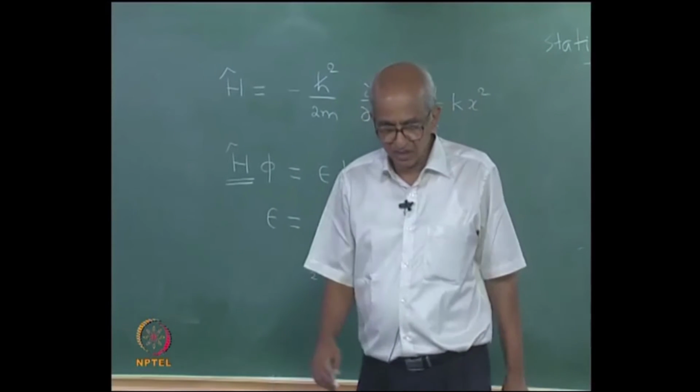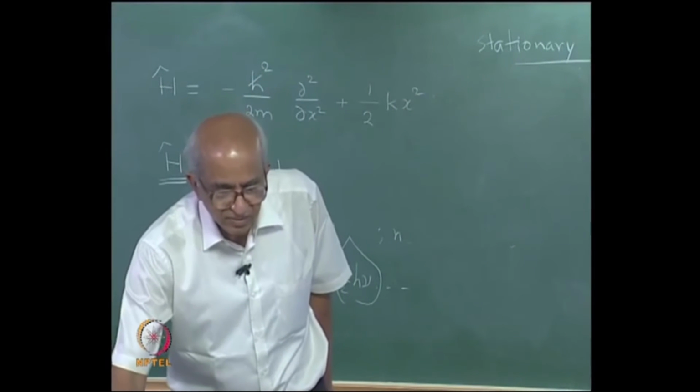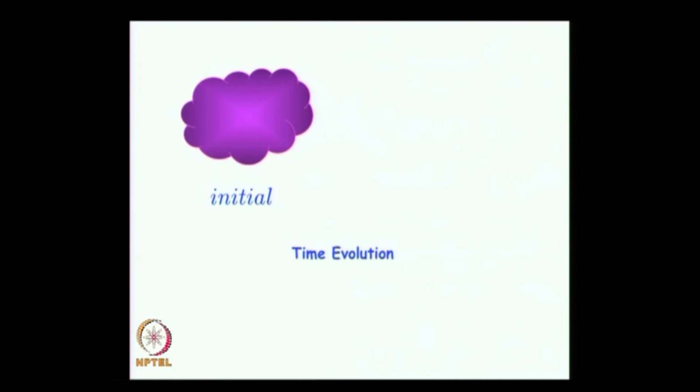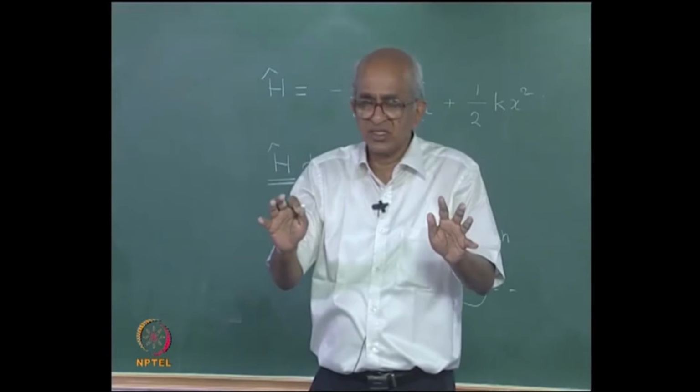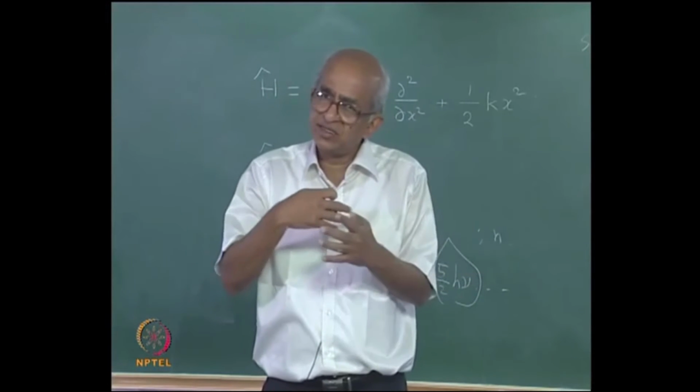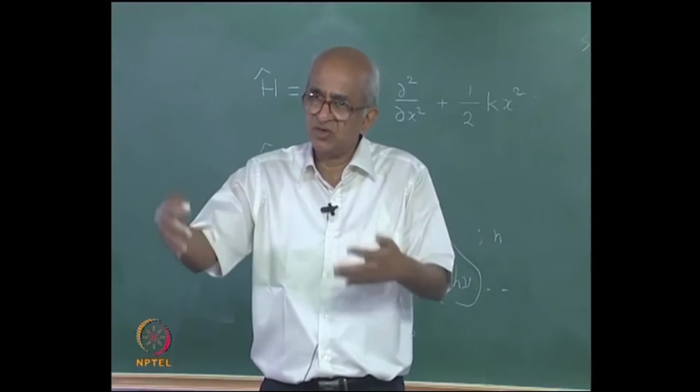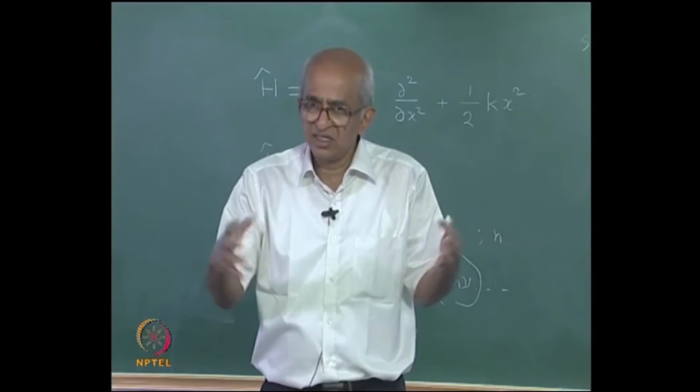Okay, maybe I can illustrate this better. See, this is a pictorial representation that I have adopted, something that is wavy. This, let me say, is the wave function, and what this equation says is that as time passes, this wave function is going to change, right. That is what it means.